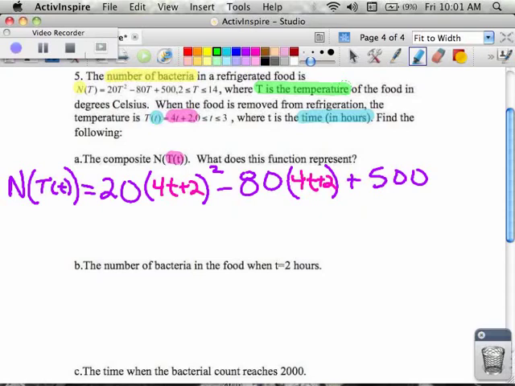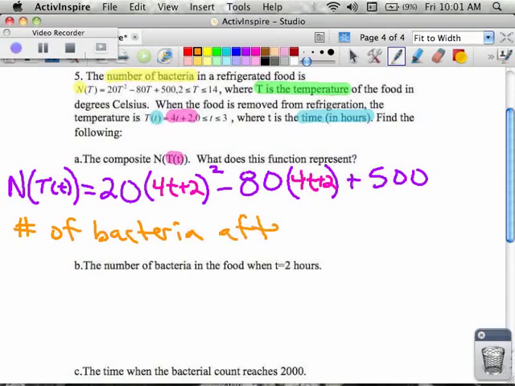Okay, so there's 3 things going on. When you talk about N of T, you're talking about the number of bacteria after T hours.